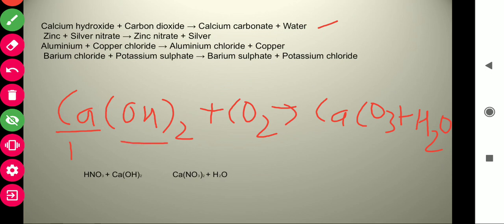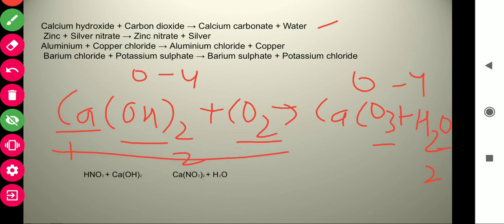How much oxygen? 2 plus 2, oxygen is 4 atoms. Here also oxygen 4 and hydrogen 2. Here also hydrogen 2. What will we conclude? That this reaction is already balanced, as the number of atoms of all elements is the same at the reactant side as well as the product side.